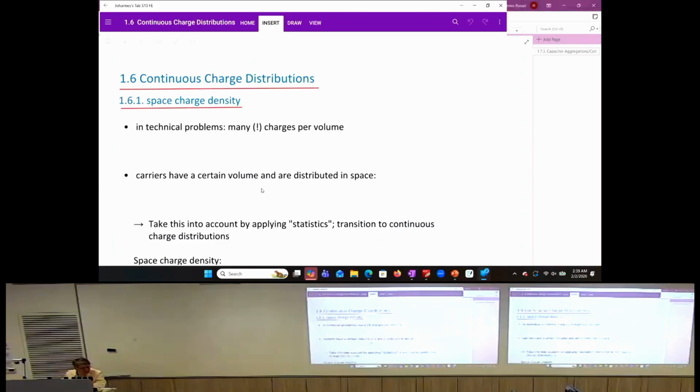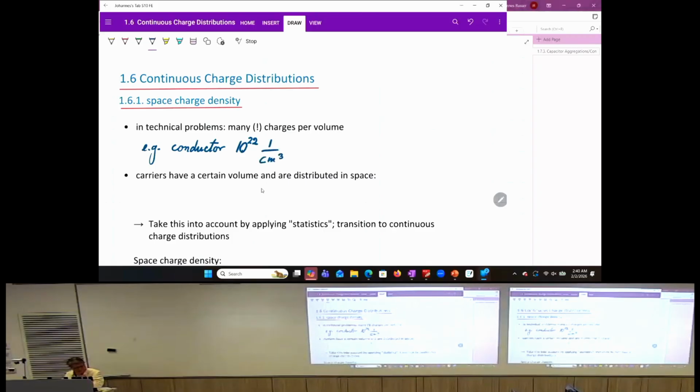For example, if you have a conductor, the charges will be given as charges per cubic centimeter. So you have a conductor that has, for example, 10 to the power of 22 charges per cubic centimeter. We give that as a number per cubic centimeter.